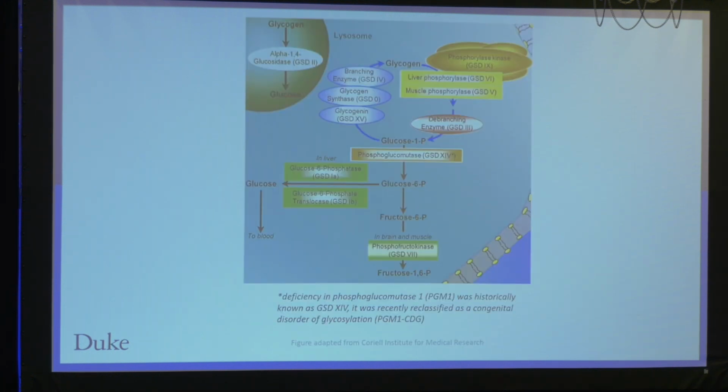Now, without going too much into this detailed pathway, once again, there's renaming of many of the glycogen storage diseases, with and without the Roman numerals, with and without the hyphen, as Dr. Dwight brought up. But the point is that we continue to learn more.